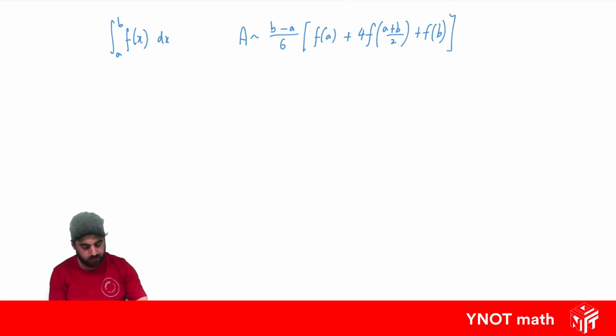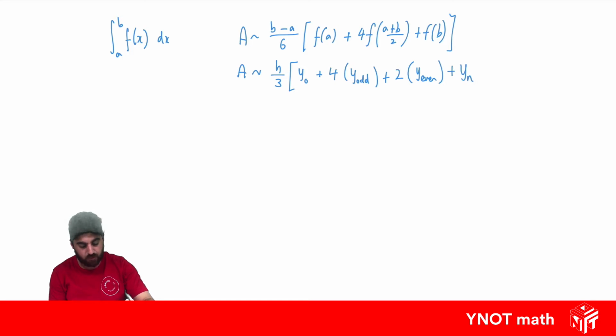The way I like to do it is with the area approximately equal to the height over 3, outside of y0 plus 4 times all your odd y values added together plus 2 times all your even y values added together plus the last y value, where just like the trapezoidal rule, h is equal to (b minus a) over n, where n is the number of subintervals you use.